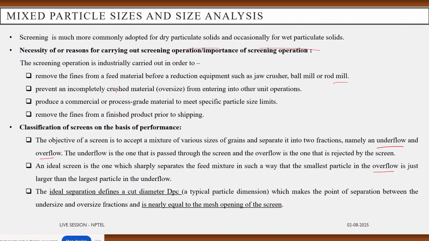The ideal separation defines a cut diameter, DPC, which is a particle dimension that marks the point of separation between the undersize and the oversize, and is nearly equal to the mesh size or mesh opening of the screen. This definition will be clear when we show the graph for the size analysis.